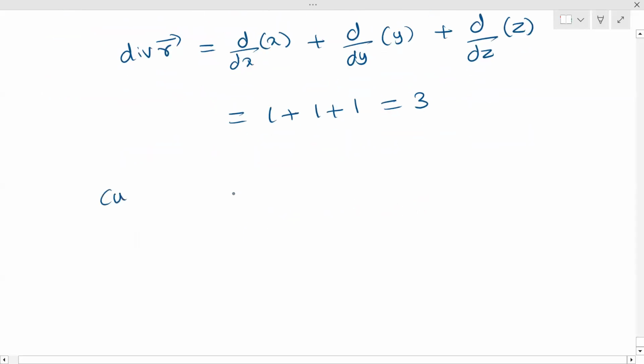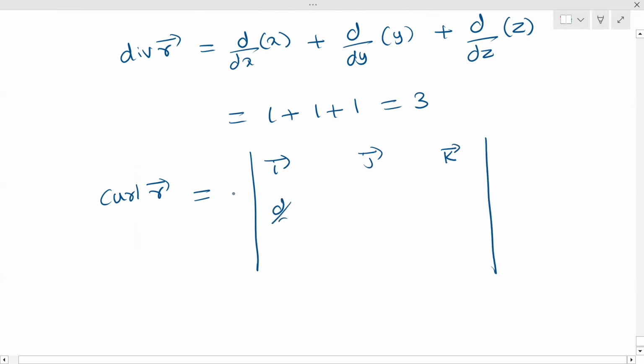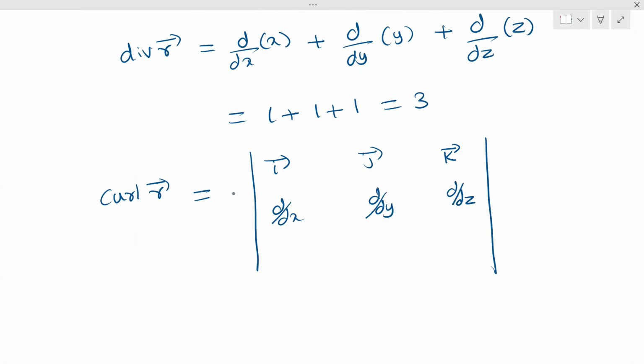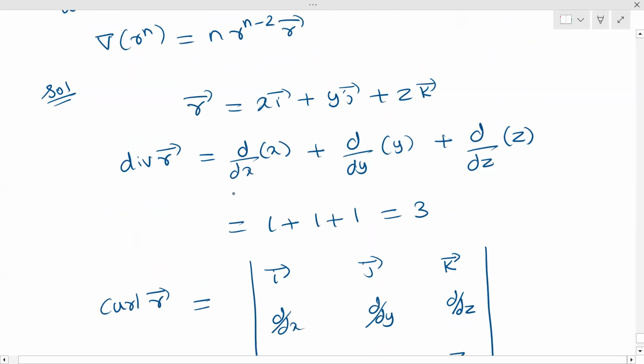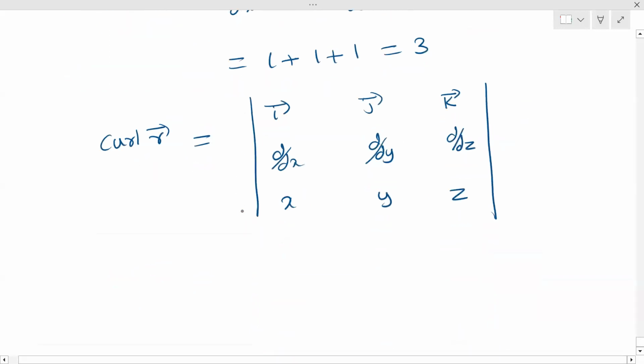So next we have to find curl of r vector. Curl of r vector is nothing but the determinant. The first row is i j k, the second row is the derivatives dou by dou x, dou by dou y, dou by dou z, and the third row is x y z. x y z is nothing but the i j k components of our r vector. Now we have to expand the determinant. So i vector into dou by dou y of z is 0.